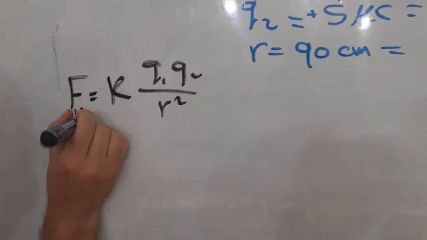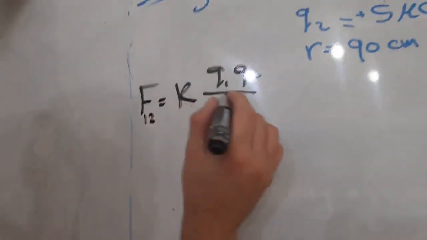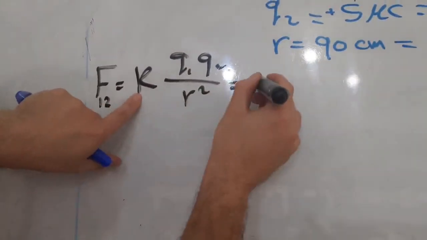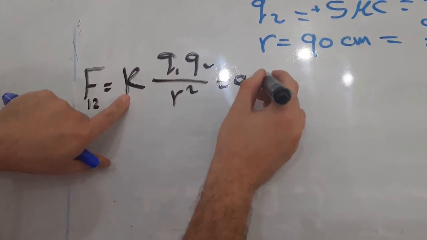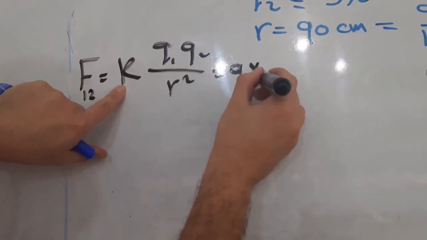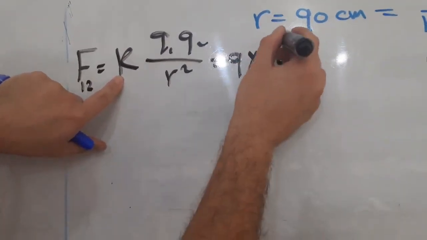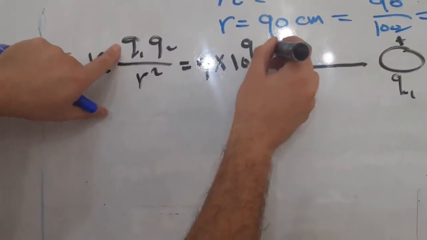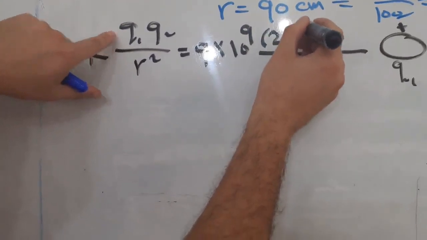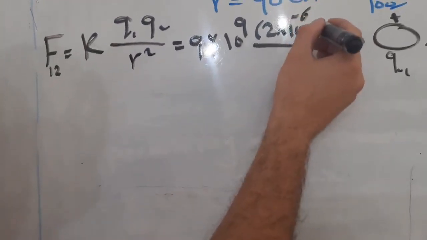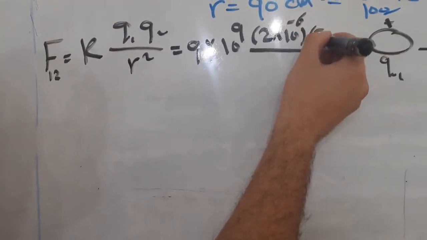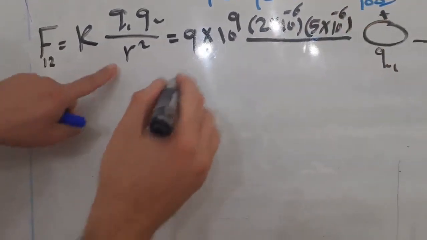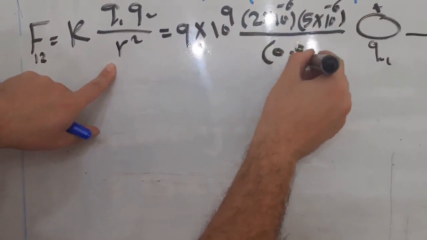F1 on 2 equals K, which is constant, 9 times 10 power 9, times Q1, 2 times 10 power minus 6, times 5 times 10 power minus 6, over R equals 0.9 square.